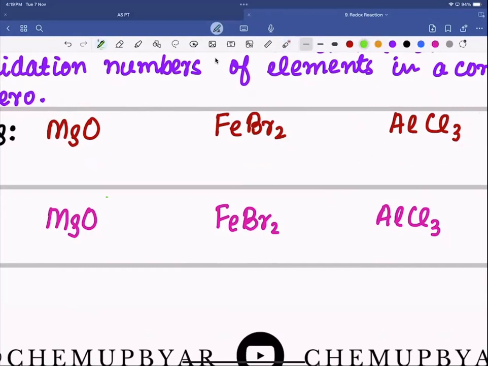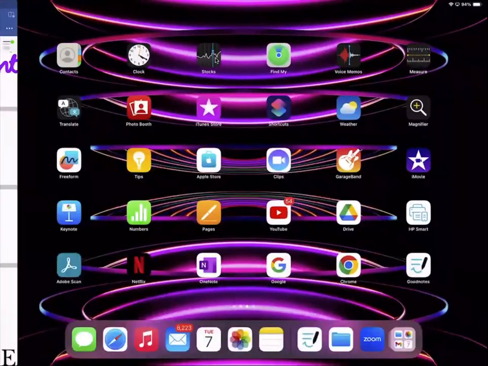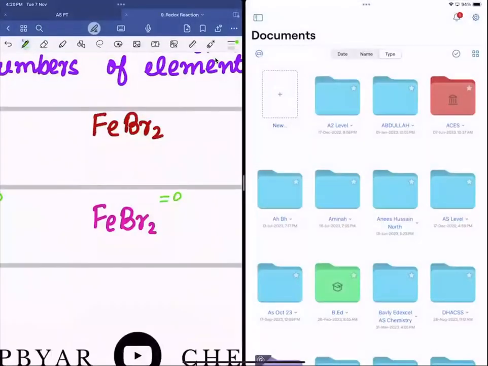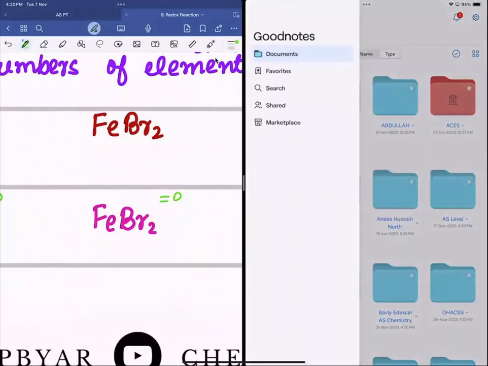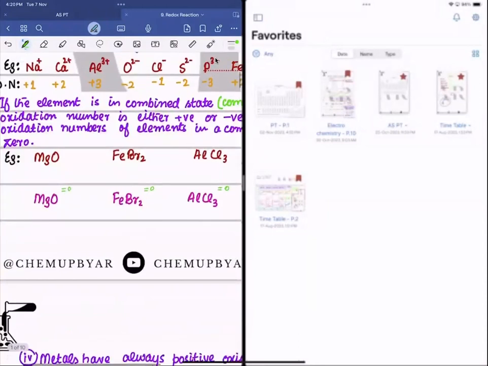So we are going to conclude that whatever the charges will be, the sum of these oxidation numbers of these elements must be equal to 0. So put it like this.